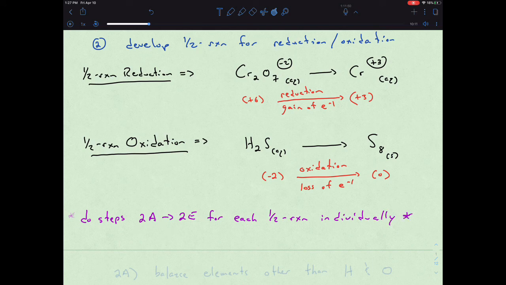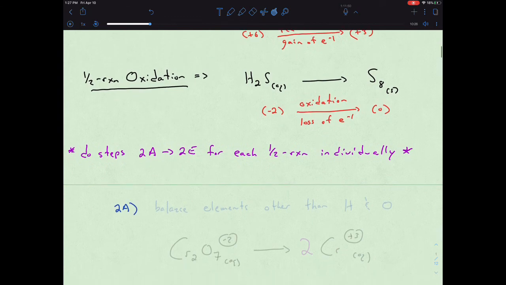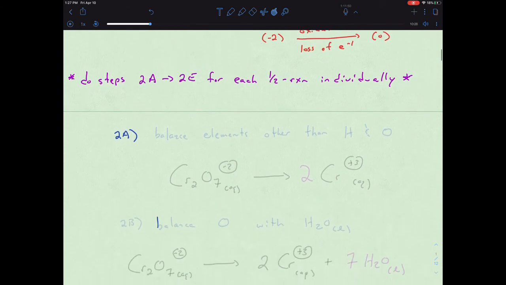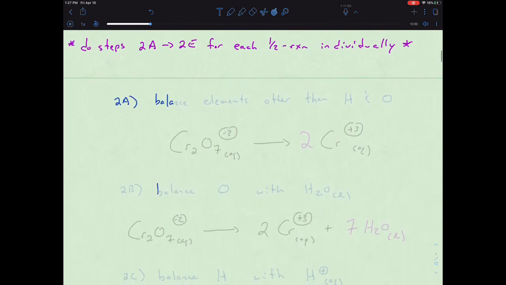So we're doing each one of these individually as far as the next steps, 2A through 2E. So for step 2A, remember we want to balance elements other than hydrogen and oxygen.